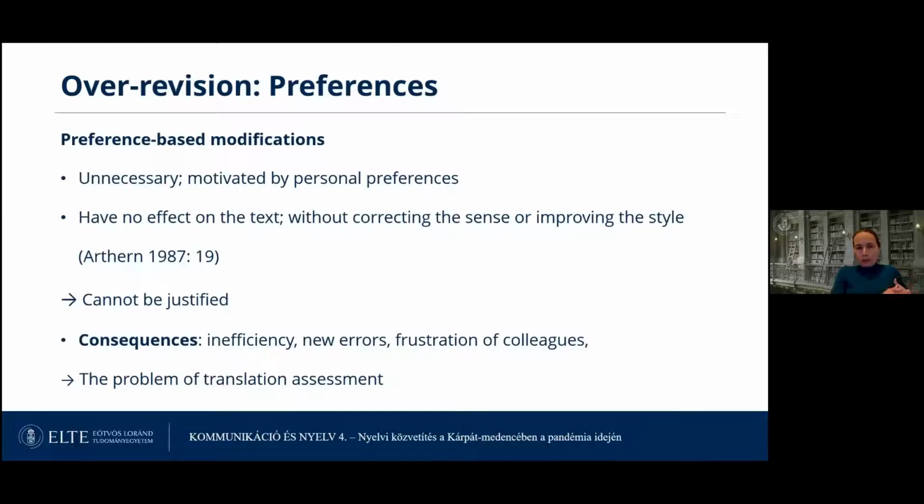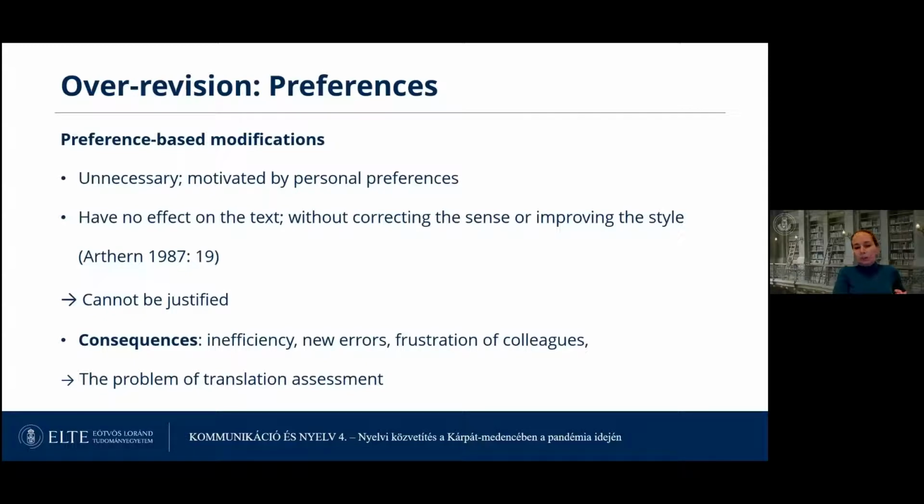First, I'd like to talk about preference-based modifications and over-revision. Preference-based modifications are unnecessary, and they are motivated by personal preferences of the revisers. They have no effect on the text, and they do not correct or improve the sense or the text quality according to Arten's definition.